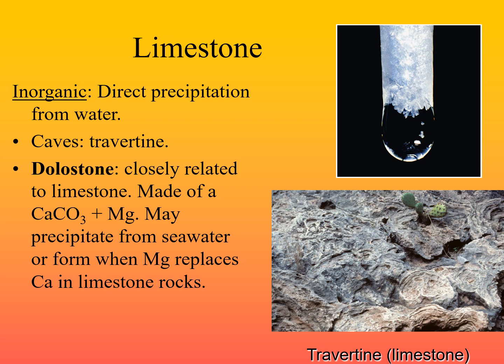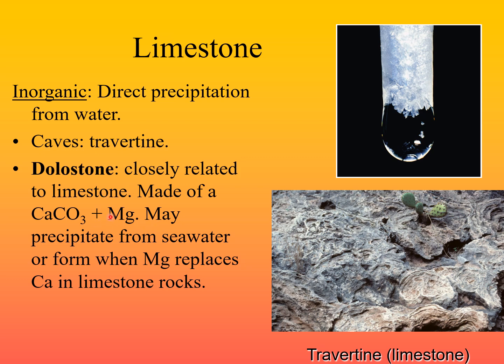And the rock that you have in your kit that is representative of this is dolostone. And dolostone is closely related to limestone in that it's calcium carbonate. But in this case, there's been magnesium incorporated into the crystal structure of the limestone, or the different minerals that make up the limestone, which is mostly calcite, but with this magnesium component.